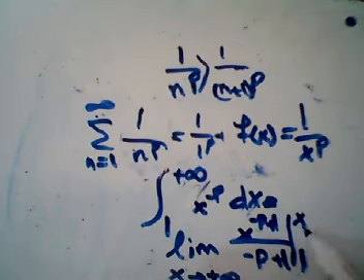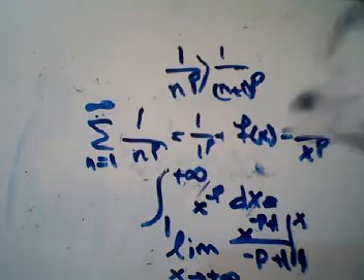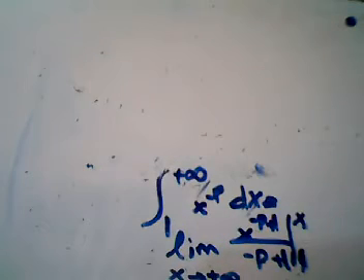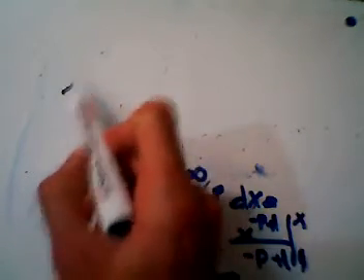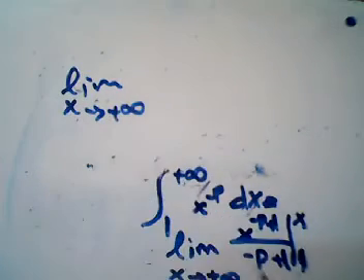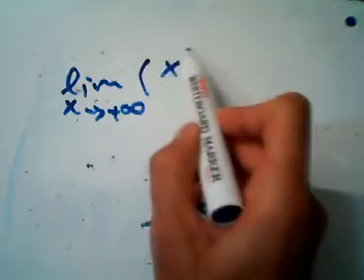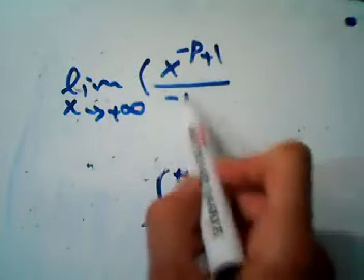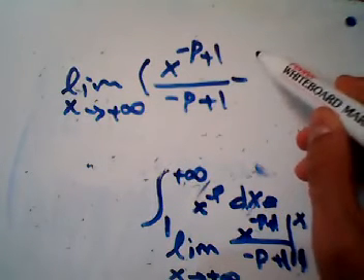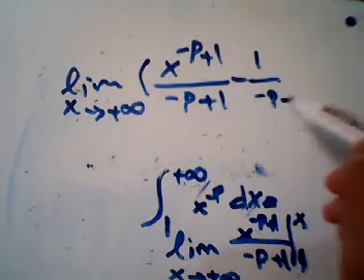Substitute x, minus, then substitute 1 here. Now what is it? This is the limit as x goes to positive infinity of x to the power of minus p plus 1 over minus p plus 1, minus 1 over minus p plus 1.